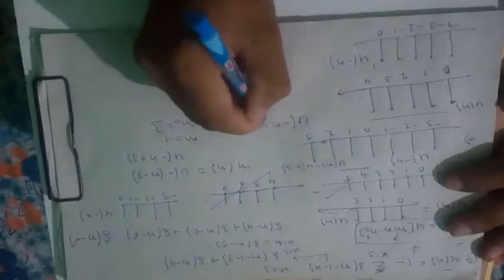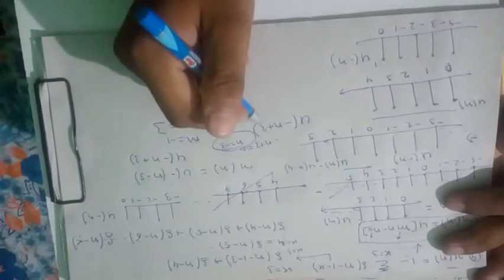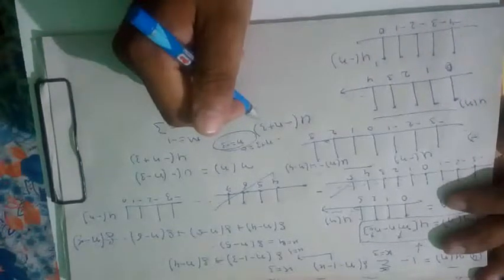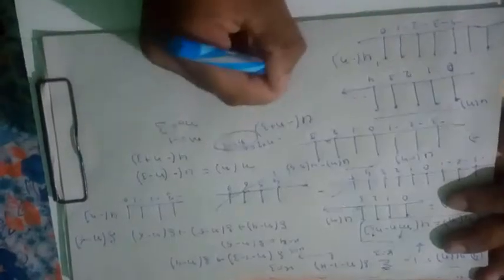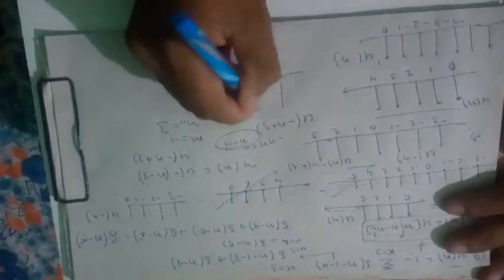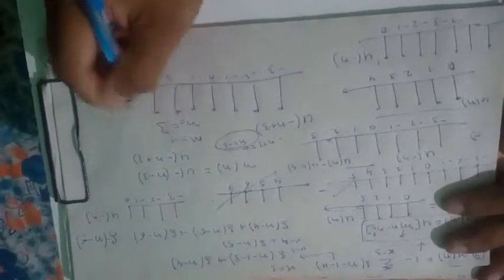If we shift by 3, that means to the minus 3 side, this is continuous: minus 3, minus 2, minus 1, 0, 1, 2, 3. Same amplitude.